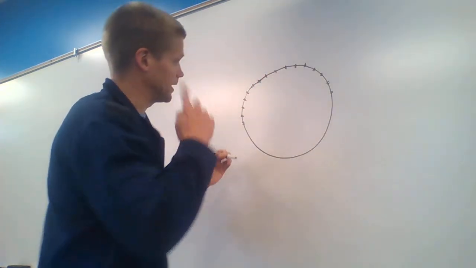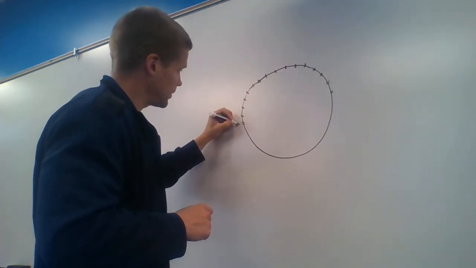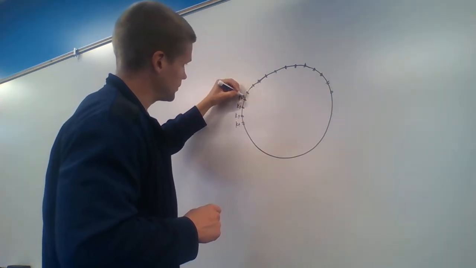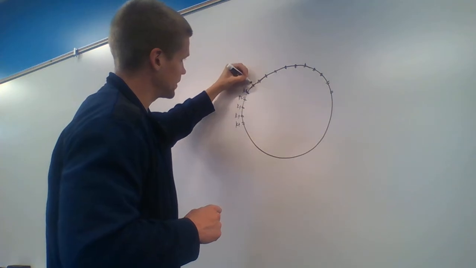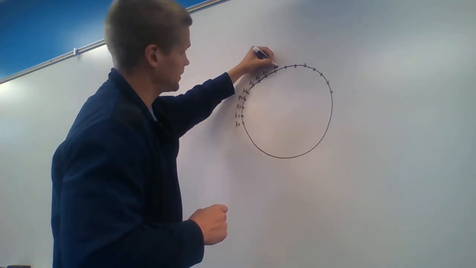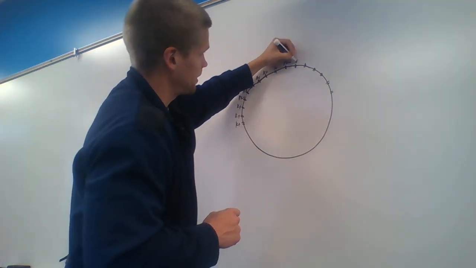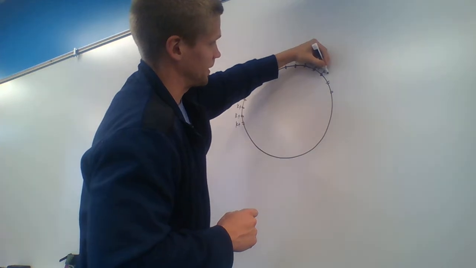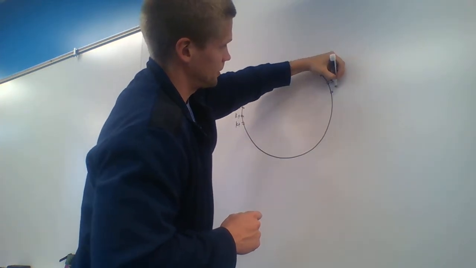Okay, so if we were looking at this, this would be a potassium channel, this would be a potassium channel. So with this, maybe here's one sodium channel, potassium, potassium, potassium, potassium, potassium, maybe one sodium here, potassium, potassium, potassium, potassium, potassium, sodium.